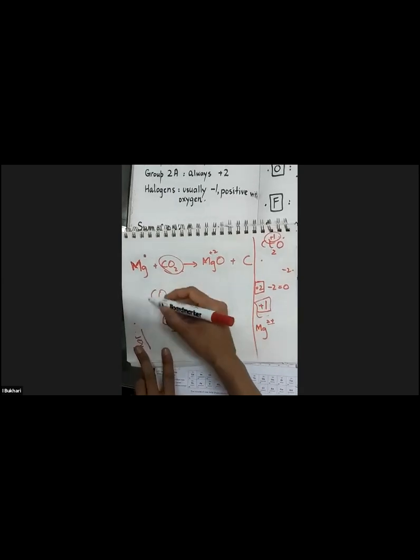Okay, this oxygen. Now, the oxygen rule is usually -2. The only exception is peroxide. So this is not peroxide, it is carbon dioxide. I'm finding out the oxidation state of each. So this is -2, but there are 2 of them. So -2 multiplied by 2 is -4. Now this is a neutral molecule.